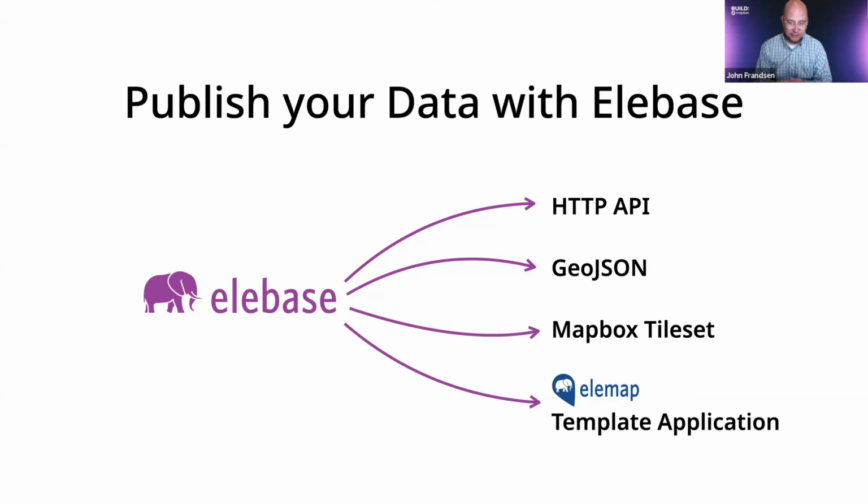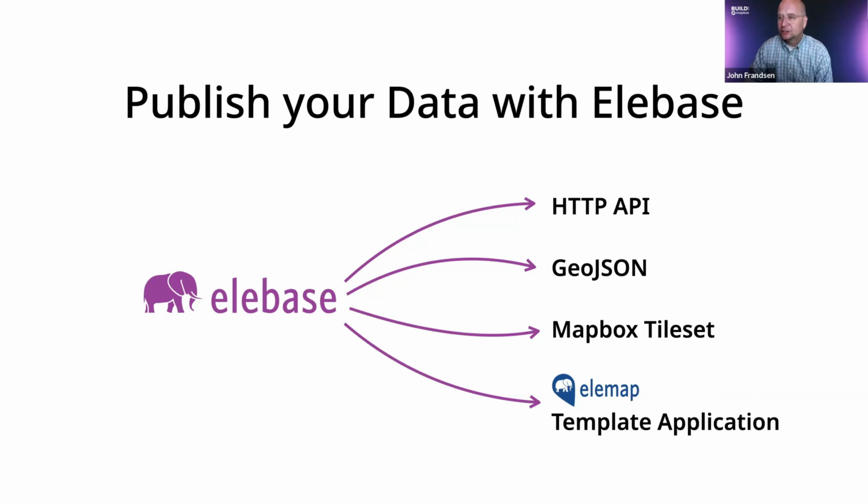And the third thing I'm going to show you is you can essentially just publish it into a template application, which we're calling Elemap. So I'm going to jump now into just some examples of that, so you can see what this means in the real world.